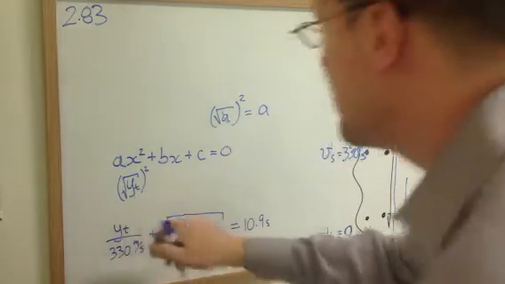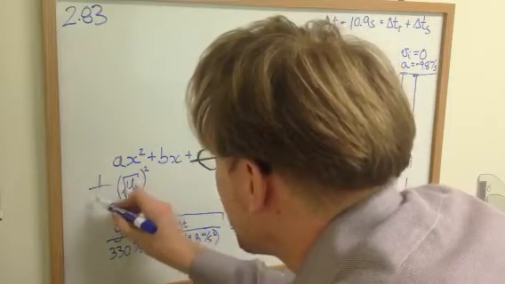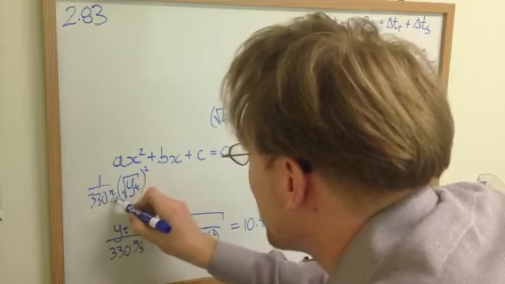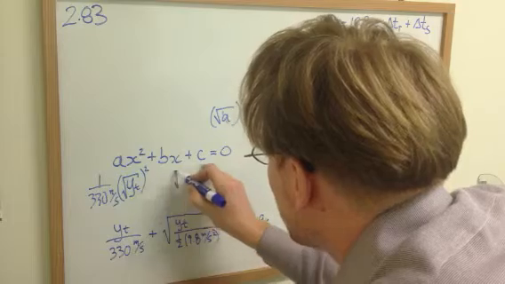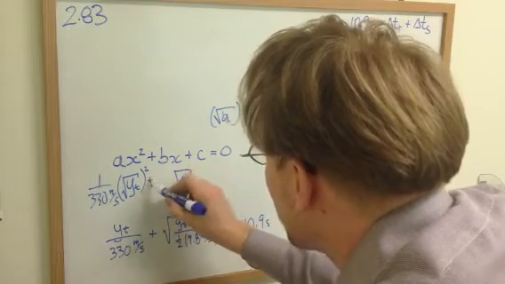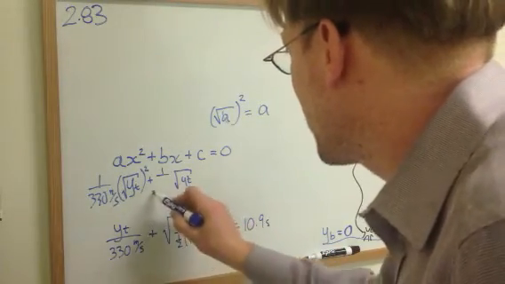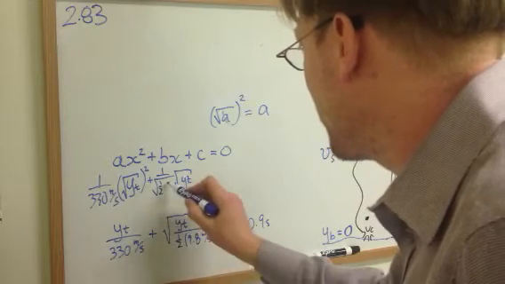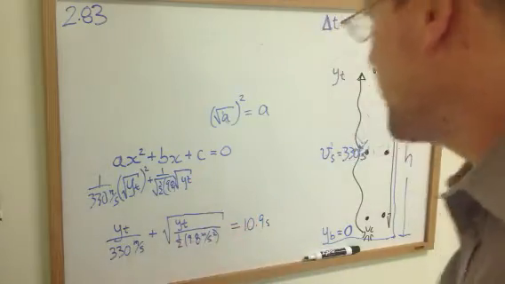Here's yt, this is still yt. And this is 1 over 330. And this is the square root of yt with the coefficient out in front, 1/2 9.8. It's just what's left here.